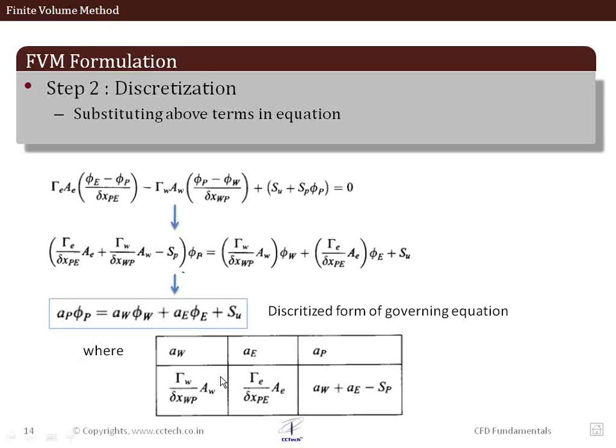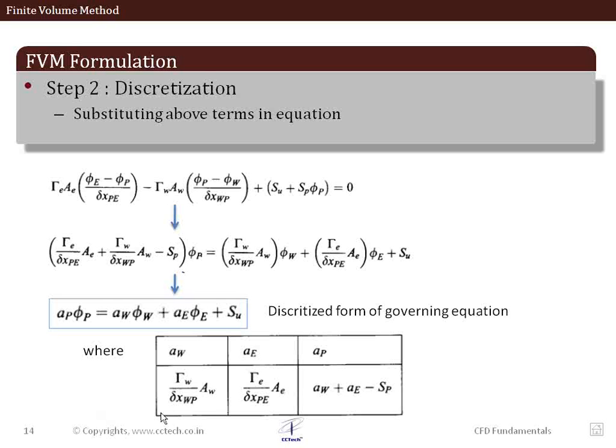What you can appreciate here is that these coefficients depend upon the value of the diffusion coefficient on the faces, which of course we can express in terms of cell centroid values. Additionally, it is also dependent upon the area of the faces. So that's a characteristic of your cell. Additionally, what you can see here is delta x WP and delta x PE.